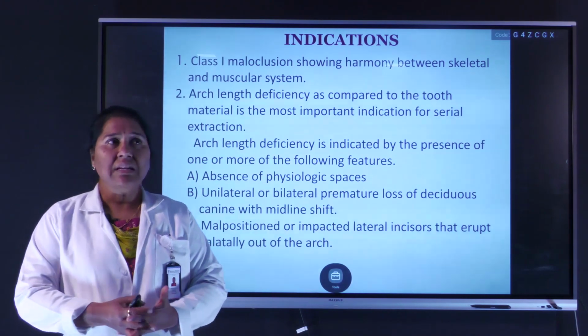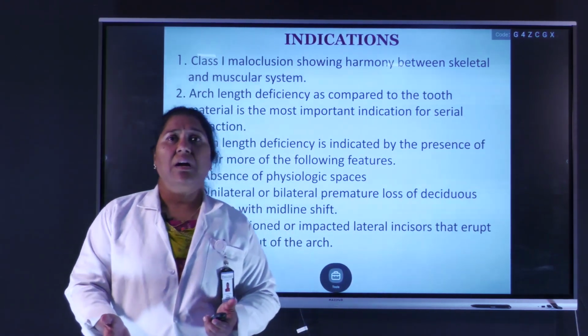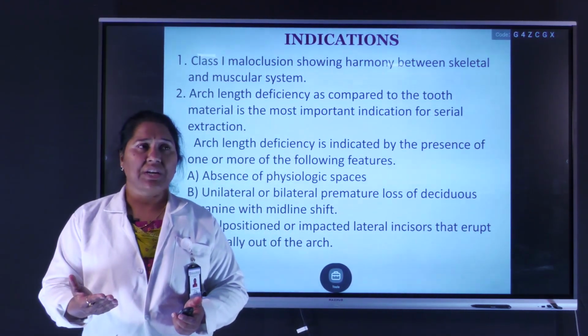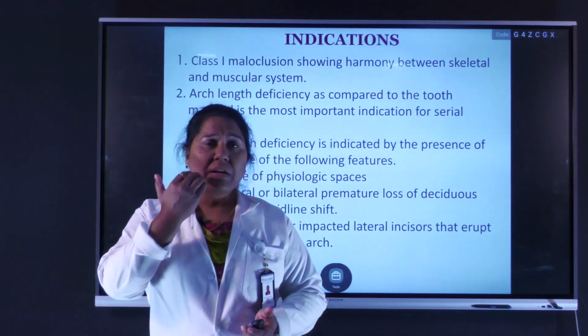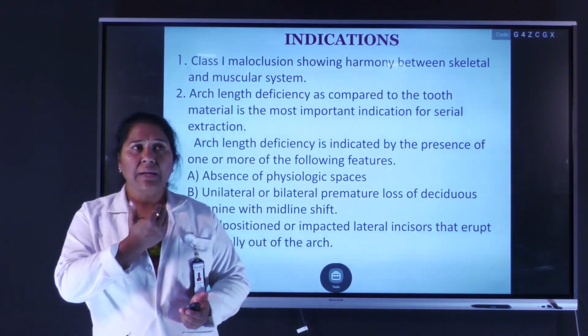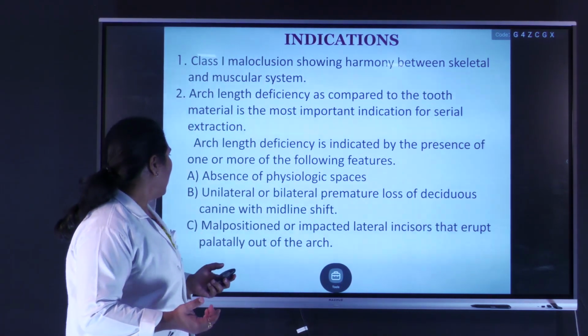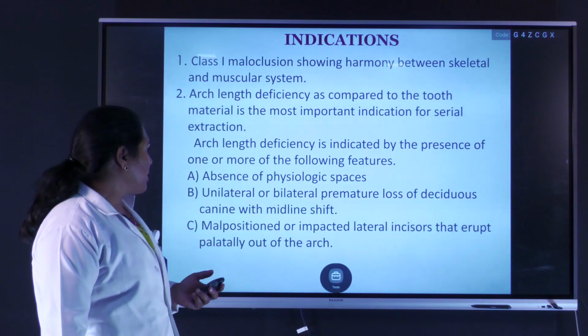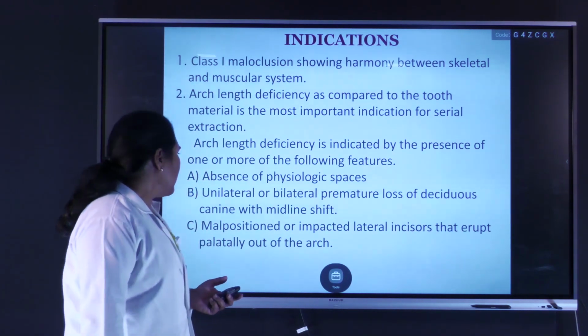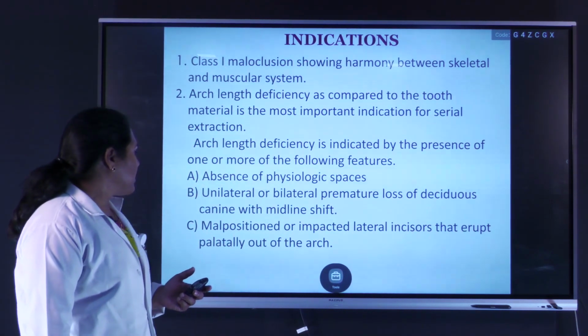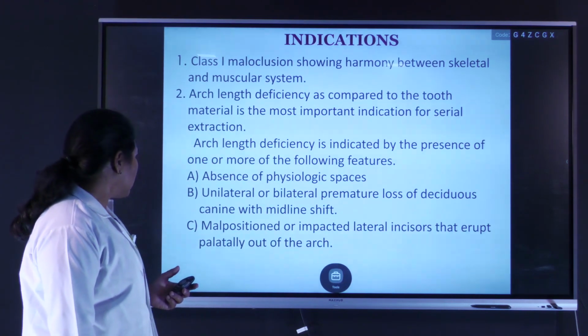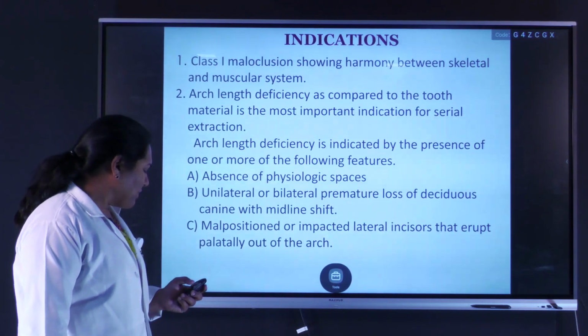Generally, in the developing dentition, for example in a growing child, if there are spaces between the teeth, consider that a good thing. Okay, so unilateral or bilateral premature loss of the deciduous canine with a midline shift, and malpositioned or impacted lateral incisors that erupt palatally out of the arch.